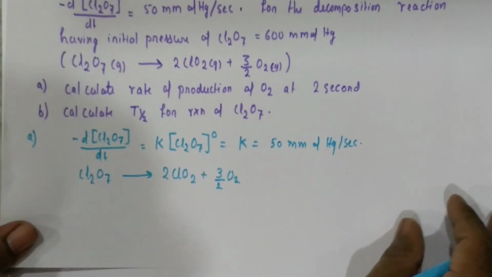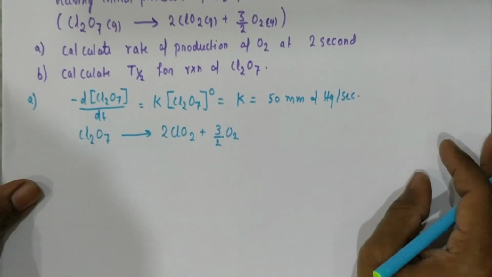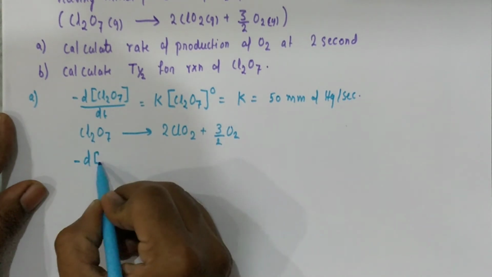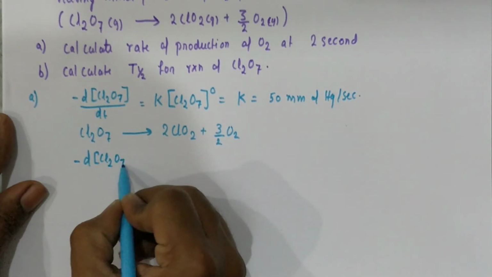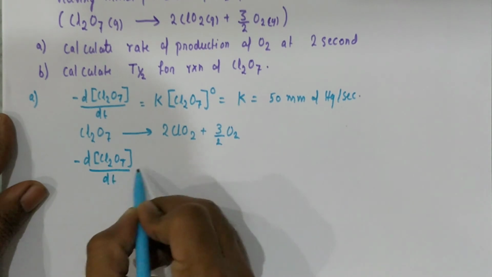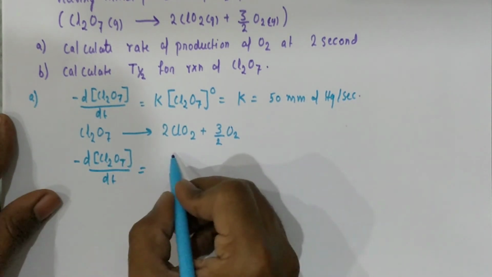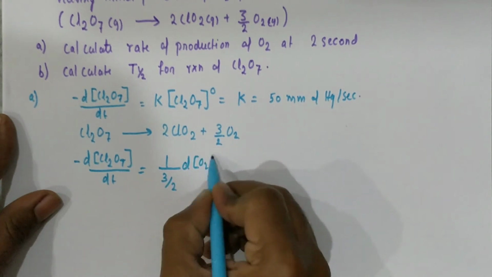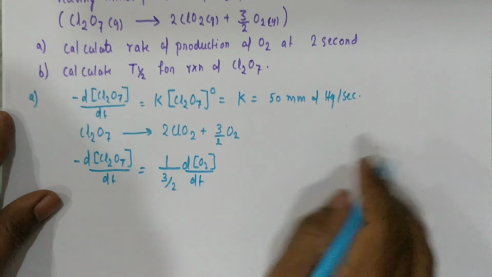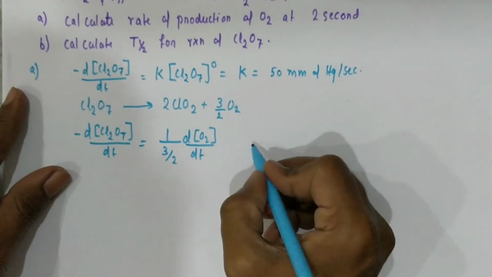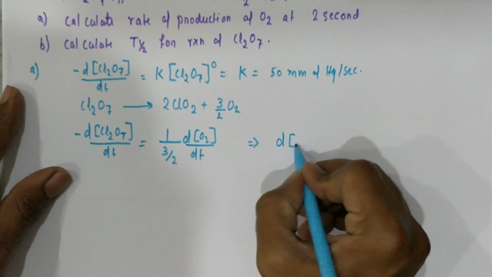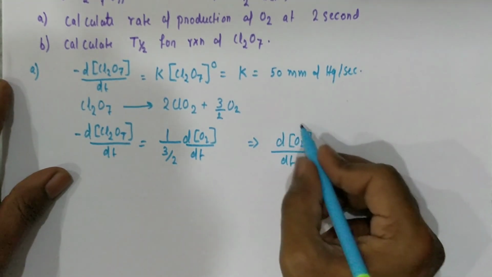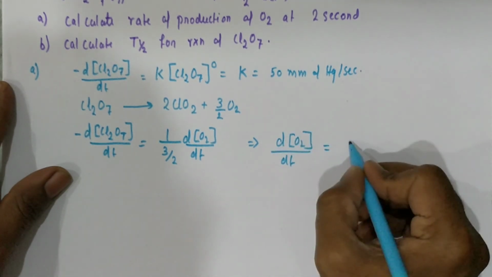So for this reaction, if we find the relationship between minus d[Cl2O7] upon dt, and for O2 we can write 1 upon 3 by 2 d[O2] upon dt. So that gives d[O2] upon dt. Because we have to find the rate of production of O2, so we need to find d[O2] upon dt.